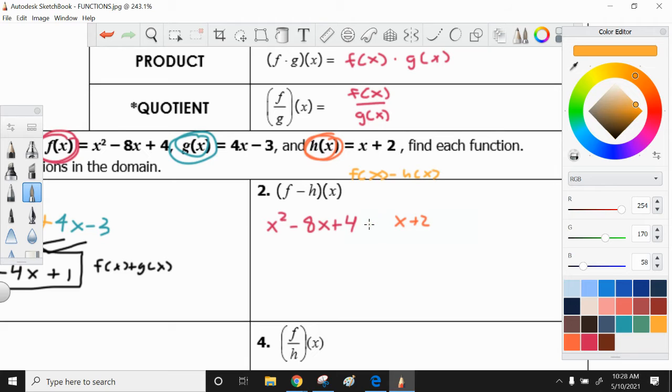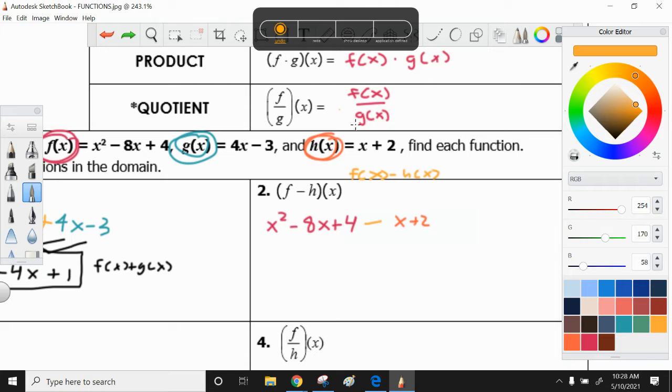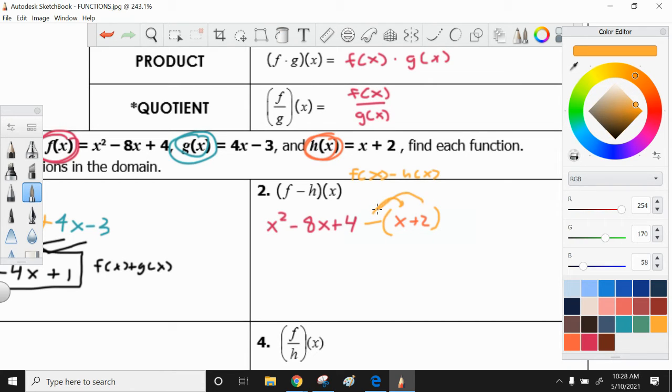Now when we subtract, this is the mistake everybody makes. They do the minus of the x and the adding of the 2. But if we need to subtract h, we need to make sure that we're subtracting the x and we are subtracting the 2. Okay? So I don't mean to overcomplicate this for you. Basically, you're going to need to distribute this minus sign to both of these to make sure that you subtract them both.